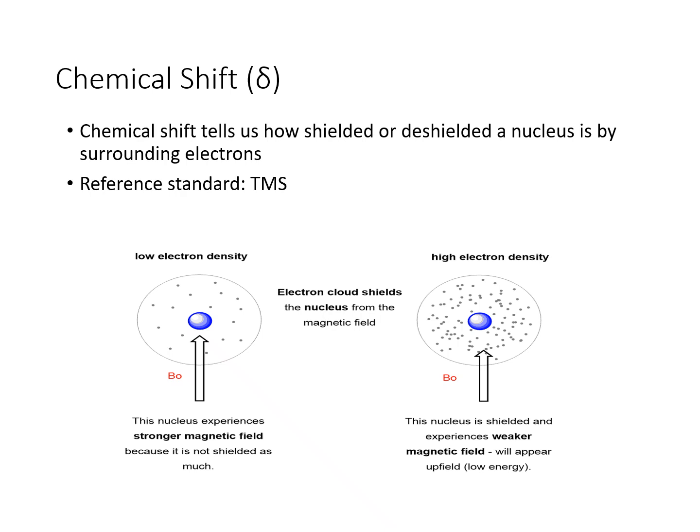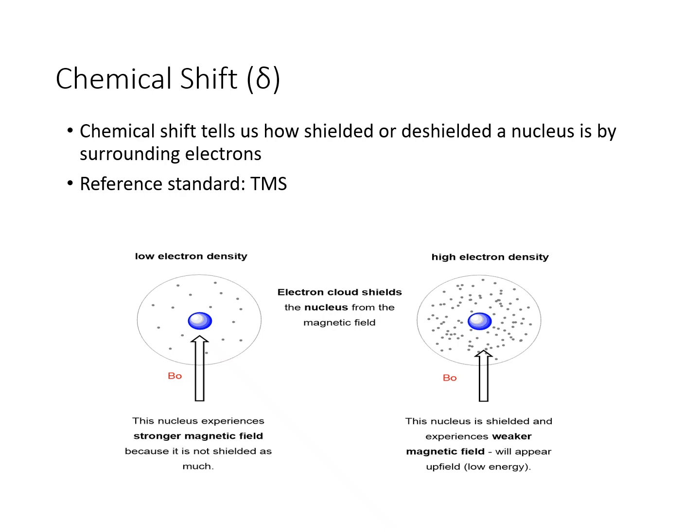Less electron density means de-shielding and a downfield shift. These shifts are measured in parts per million, and we use the reference standard TMS.